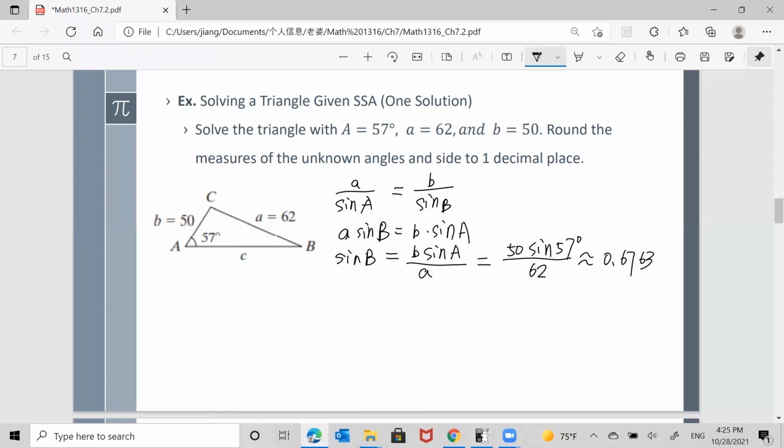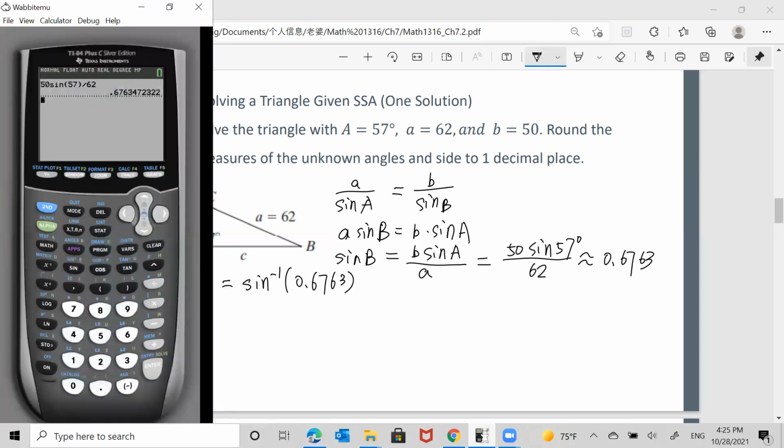How about the inverse sine? Because we're looking for the angle B. Angle B equals inverse sine 0.6763. So inverse sine 0.6763. Close the parentheses. We got it's about 42.555.